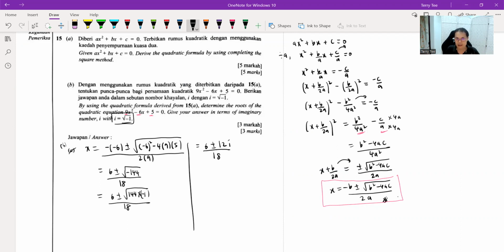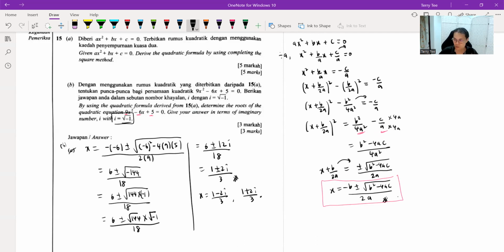You divide by 18. You can write one extra step: square root 144 times square root negative 1. So divide top and bottom by 6. You get 1 plus minus 2i over 3. Or you can write it as a single term like this, or you can write separately: 1 minus 2i over 3, 1 plus 2i over 3.